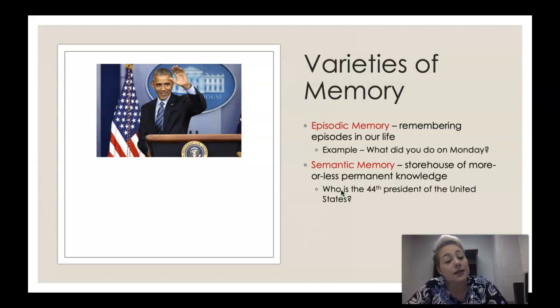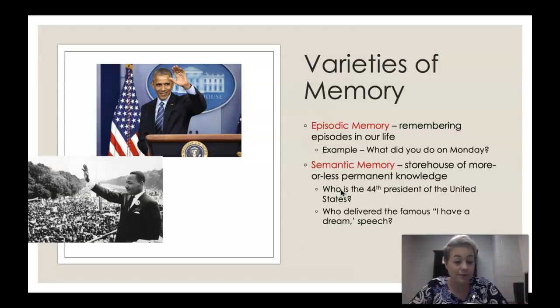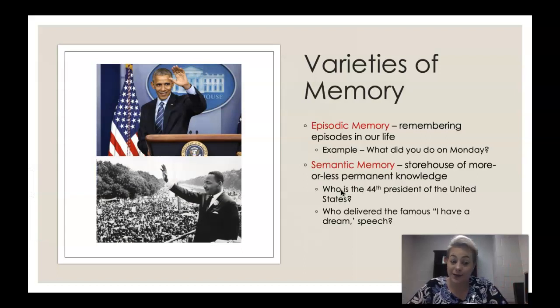This is a semantic memory. So this is more or less permanent knowledge, as he was the president during our lifetime, or one of them. I know a lot of my students are younger, but he was the president for a pretty long time in your lifetime. Who delivered the famous I Have a Dream speech? I really hope you know this one.